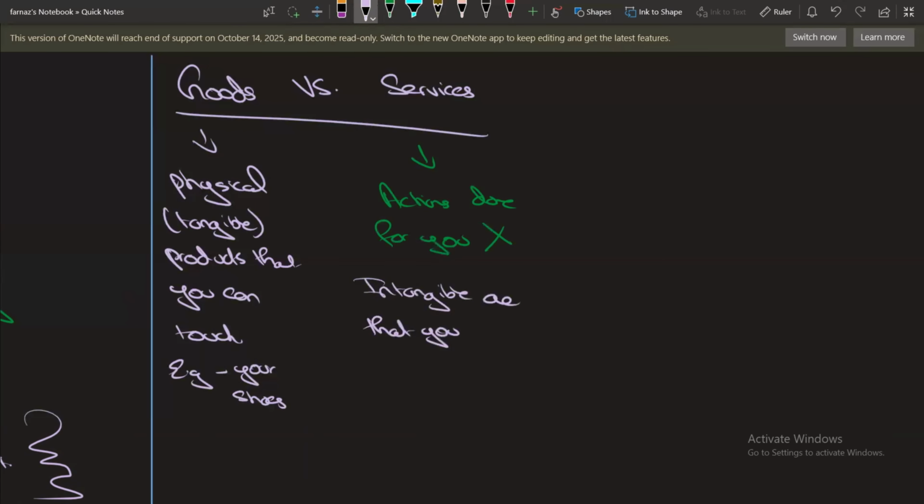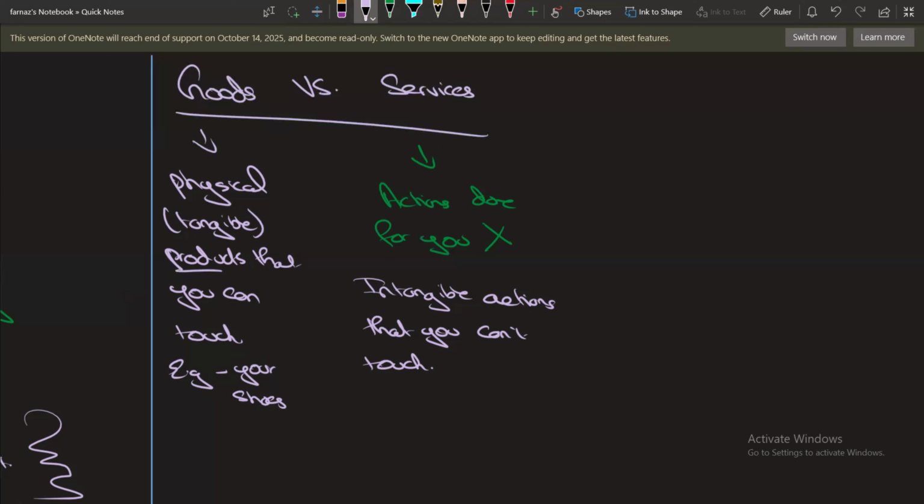Intangible actions that you can't touch. That is what the service is. Okay, actions done for you. Or intangible actions that you can't touch. Don't write products because product, we say it's another word for good.